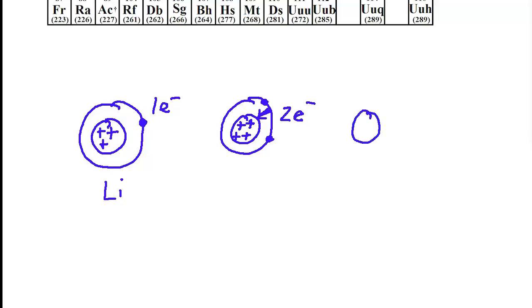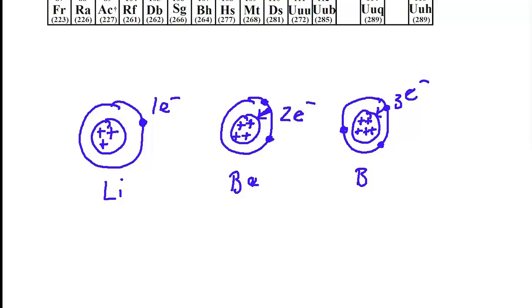Let's say that I go to boron, which would have 5 protons, and boron's valence shell would have 3 electrons. That would mean that boron is going to have an even greater effective nuclear charge or pull because we're racking up those protons as we continue to move along.